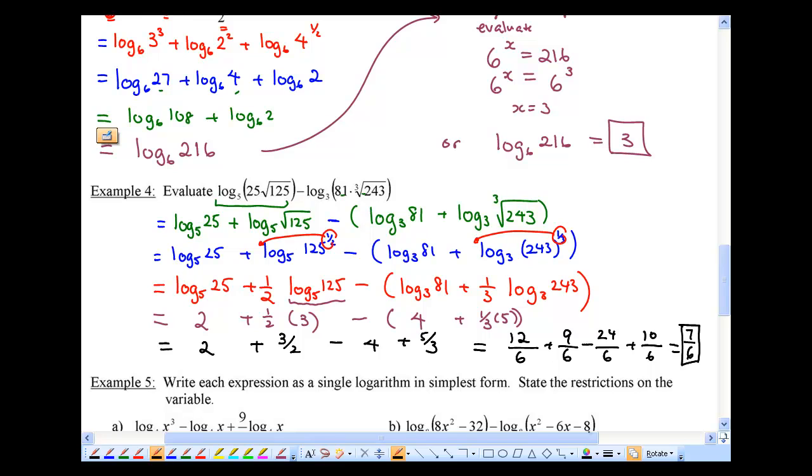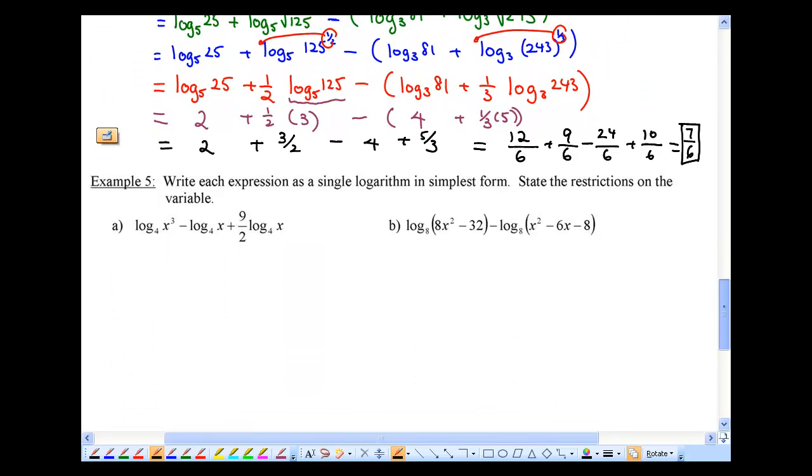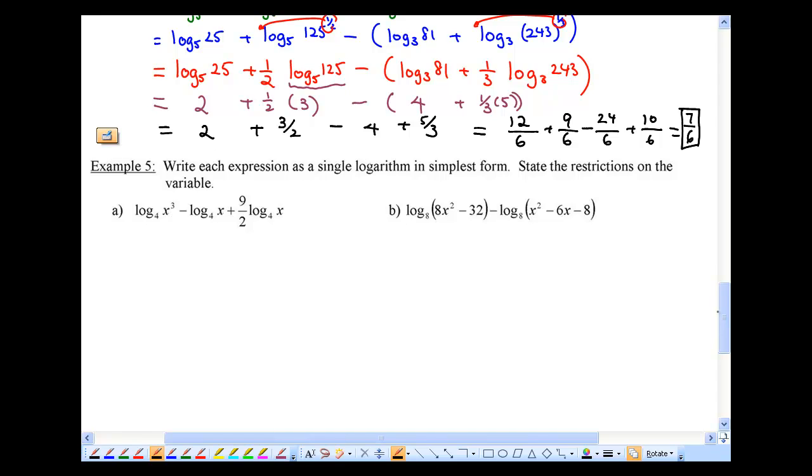Last one, example number 5. Here I'm going to ask you to simplify. I want you to write each expression as a single logarithm and also state some restrictions on the variables. We'll take a look at the restrictions first. In this case, for part A, we have to make sure that for the log part, of course, x has to be bigger than 0.